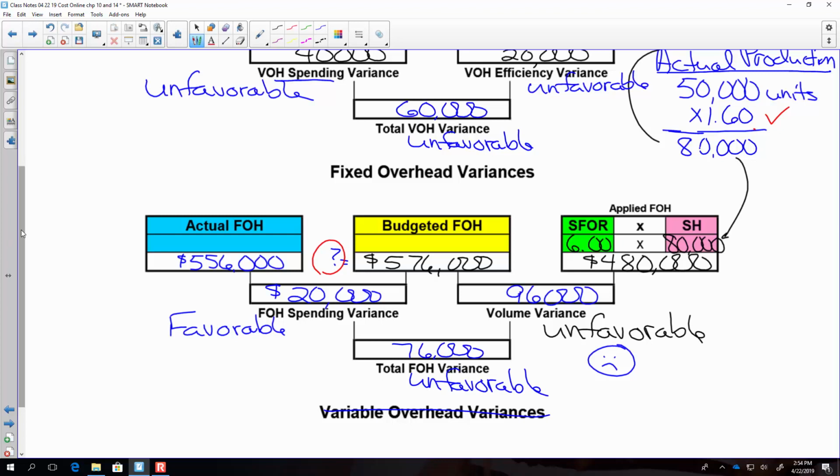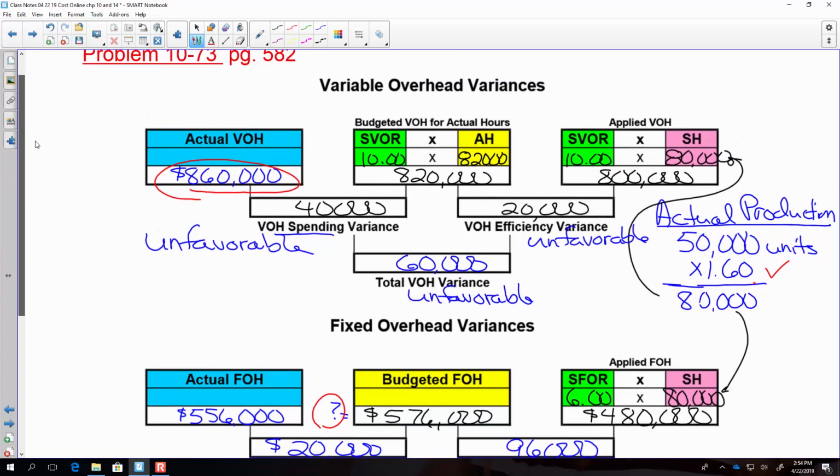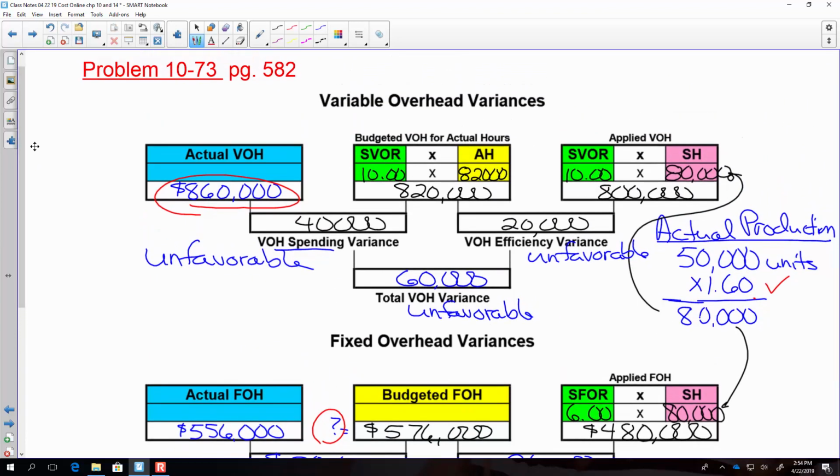So in this case, the variable overhead, they gave us the 860,000 actual. So this is given in the book. The 82,000 hours is given in the book. And they gave us the actual production units, right, was 50,000. So this was given to us.